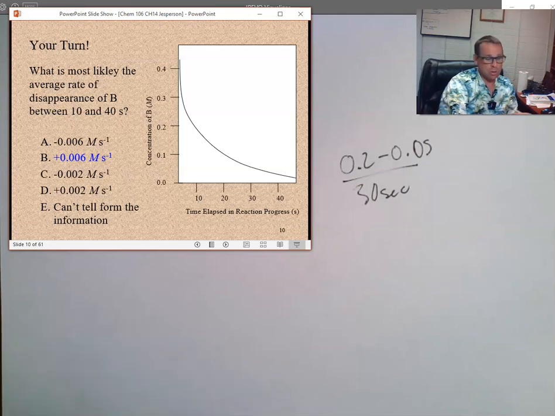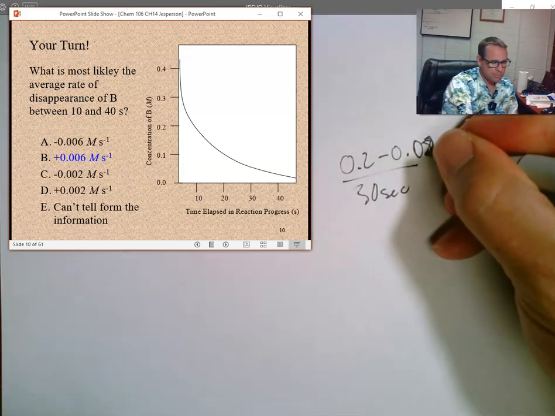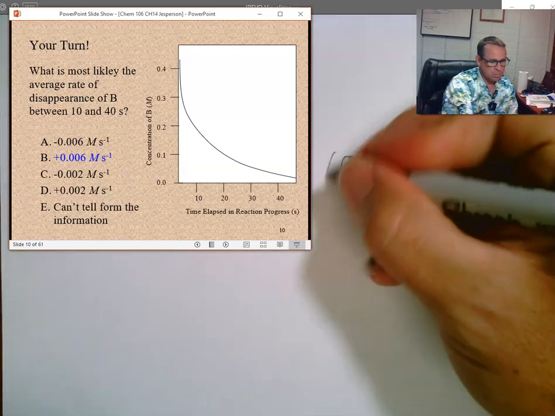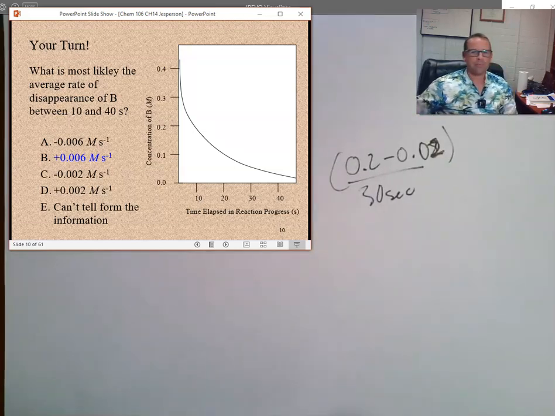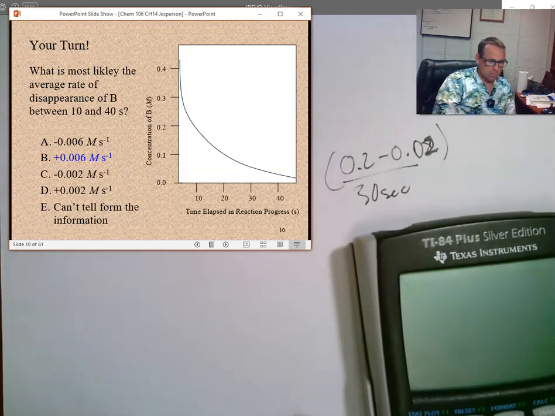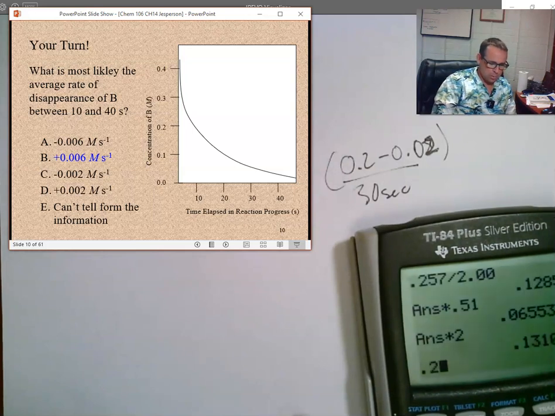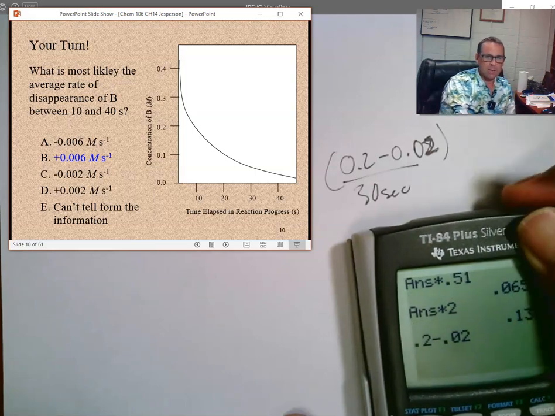Oh, you went down to 0.02? Is that where you went? Oh, we just approximated, and then rounded at the end. Okay. So 0.2 minus 0.02. So we got 0.18.